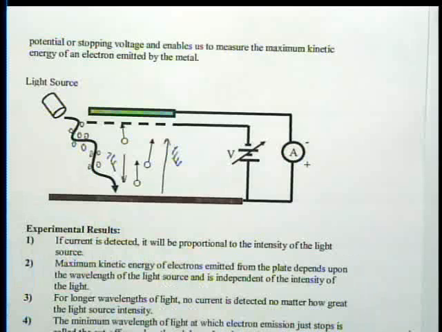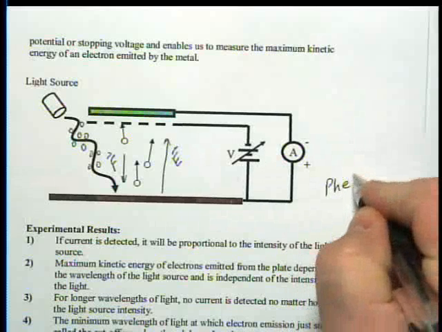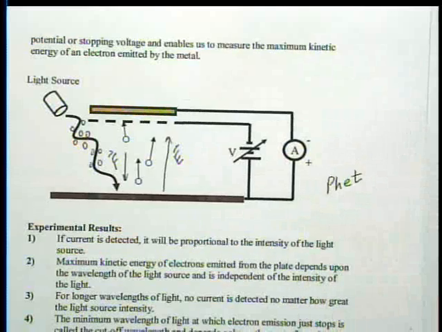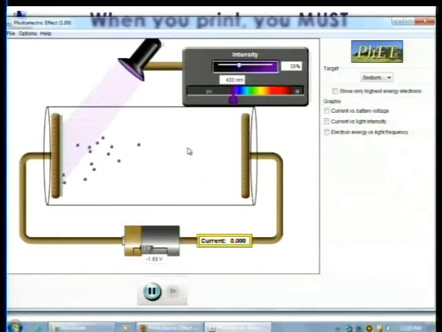Now let me show you something else. So there's a set of PhETs. Let me write that. PhET. They're simulations that you can get out of the University of Colorado. So here's one of these. So, for instance, let me turn off the intensity.